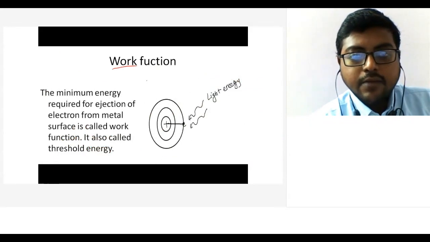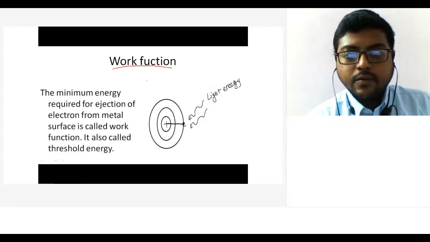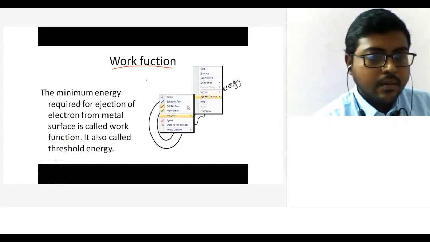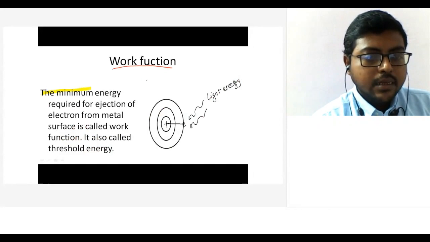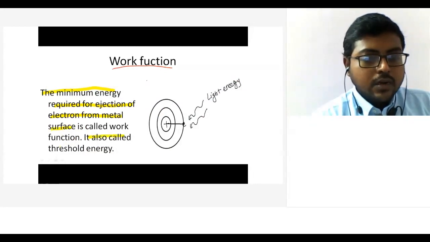Earlier we wrote that work function is the minimum energy required for the ejection of electrons from the metal surface. So it is also called threshold energy.